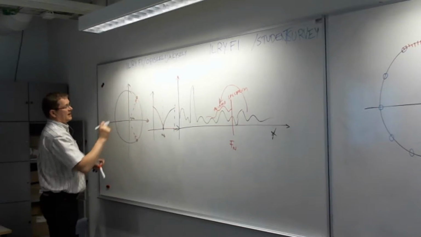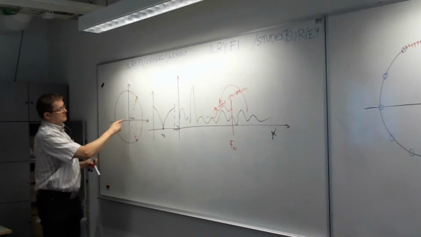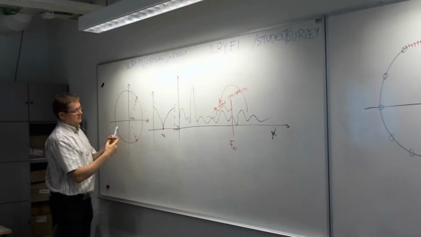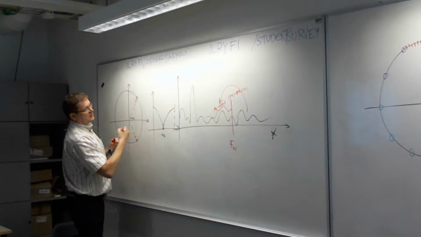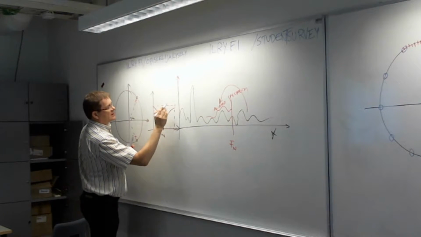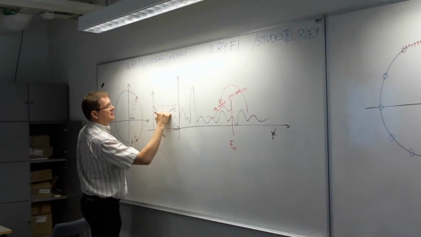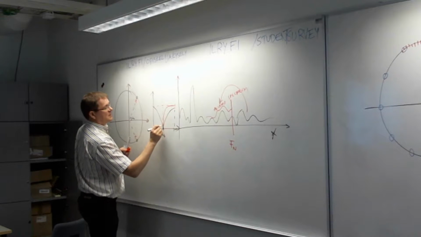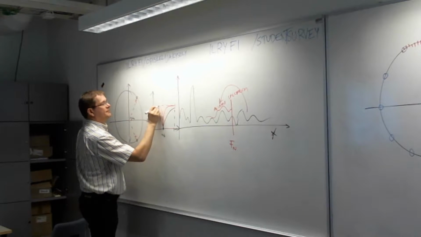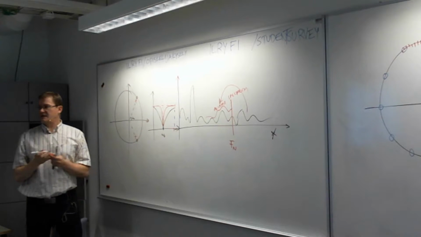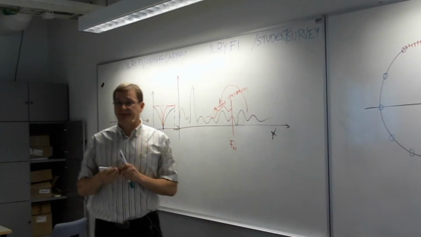But we take the poles from the origin and push them nearby. Basically what it does, it makes the other part of this amplitude response more or less flat.